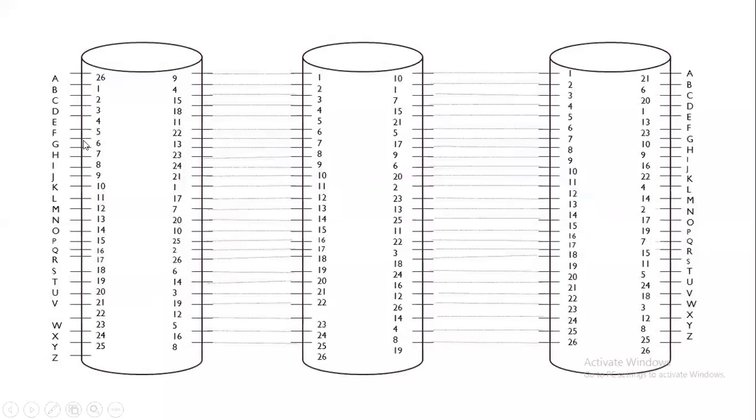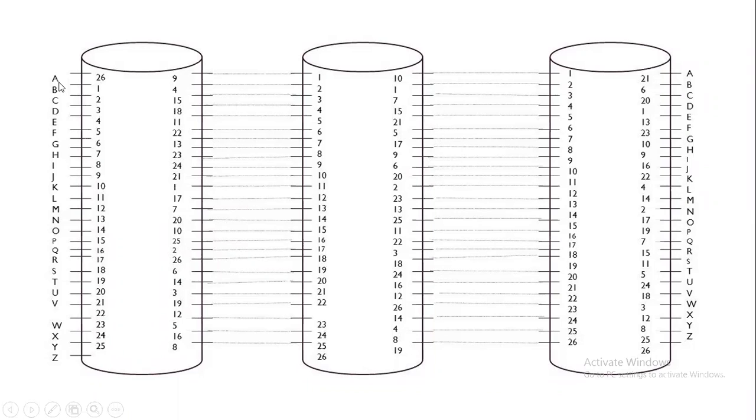Like this. This is our input. This is the output of cylinder 1. Output of cylinder 1 is connected to the input of cylinder 2. Output of cylinder 2 is connected to the input of cylinder 3. This is internally connected with the output pins, and this is the output.